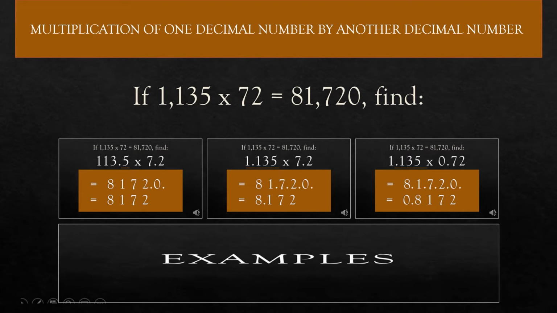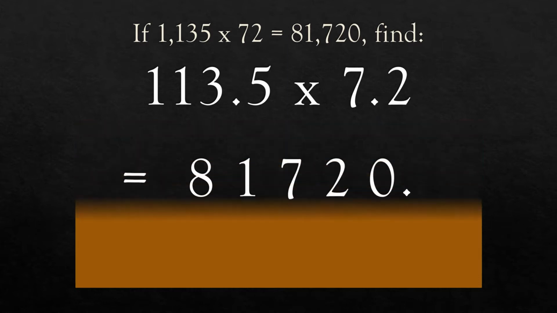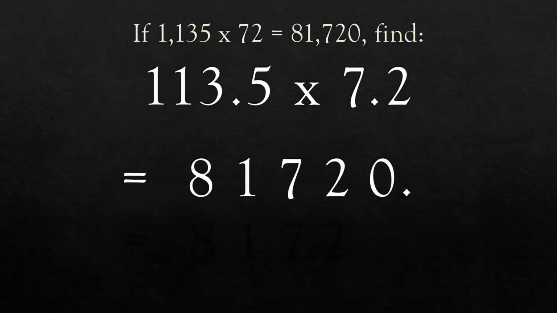Let's take one example. If 1135 multiplied by 72 is equal to 81,720, find the value of 113.5 multiplied by 7.2. If we ignore the decimal point, the product remains the same. That is 81,720. Now count the digits after decimal.